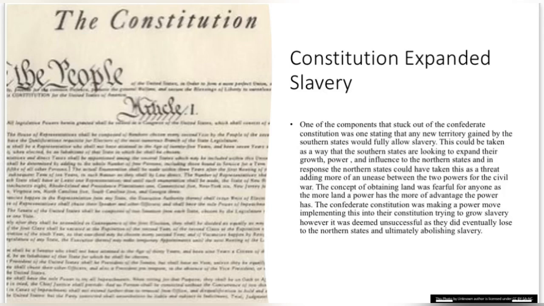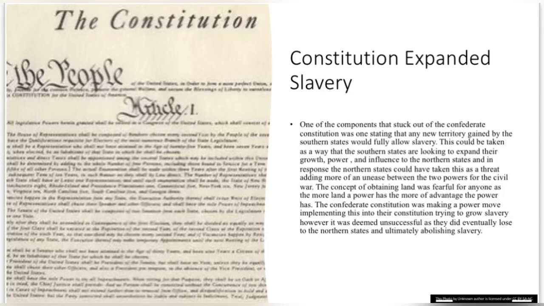Alright, so the Constitution basically just wanted to expand slavery. One of the components that stuck out with the Confederate Constitution was one stating that any new territory gained by the southern states would fully allow slavery. This was a big deal because it could be taken as the southern states trying to grow their power.